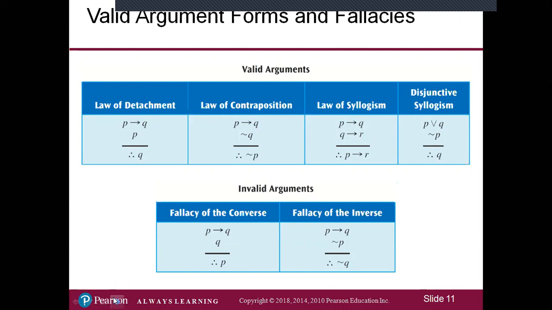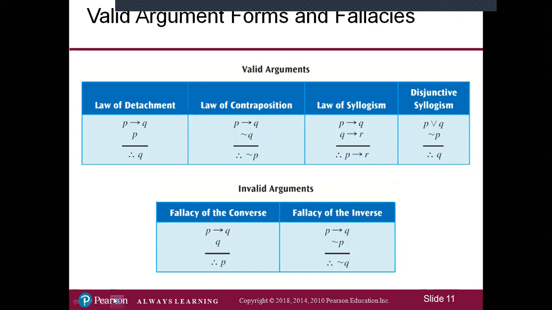Disjunctive syllogism reads P or Q. We either have P or Q. We don't have P, therefore we have Q. And the 2 known invalid arguments are the fallacy of the converse and the fallacy of the inverse.